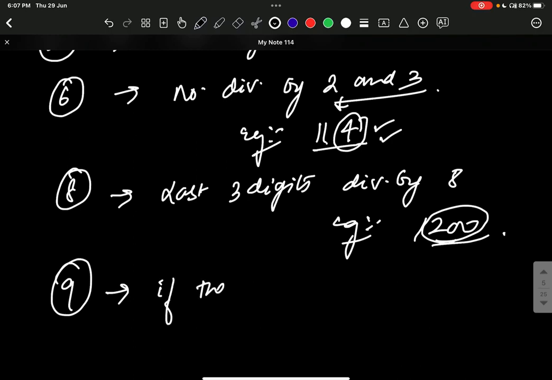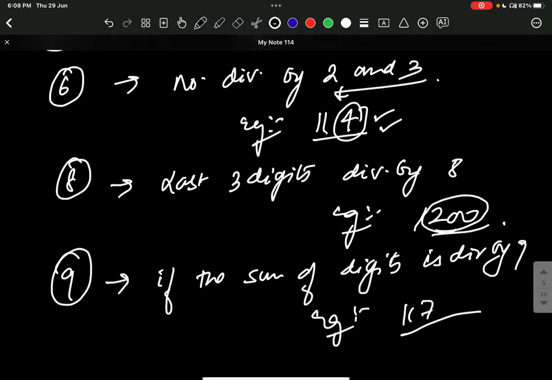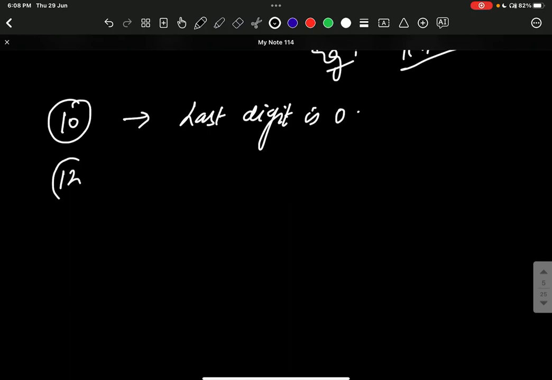Here you have to check if the sum of the digits is divisible by 9. Example, 117. 1 plus 1 plus 7 is 9, and 9 is divisible by 9. That is why the complete 117 is divisible by 9. Then comes divisibility by 10. Here the last digit is 0.